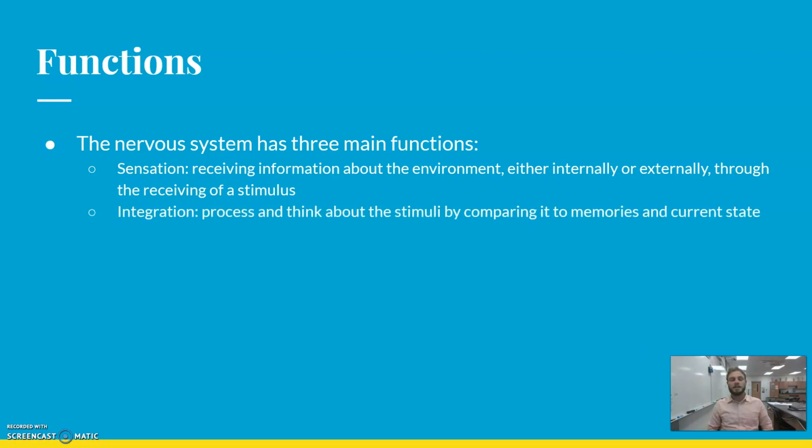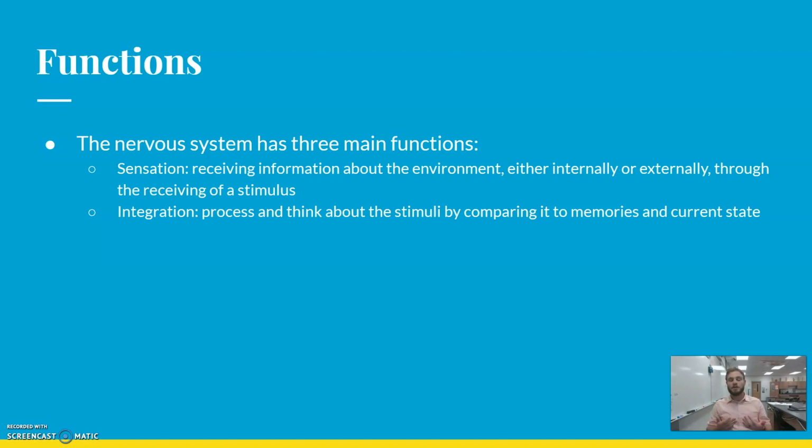The second function is integration. Integration basically means that your nervous system needs to think about it and decide, is this something it needs to respond to? Is this something that it needs to do something about? It can compare it to memories, and it can compare it to your current state. Are you stressed out? Are you anxious? Are you calm? Are you relaxed? Various things like that.